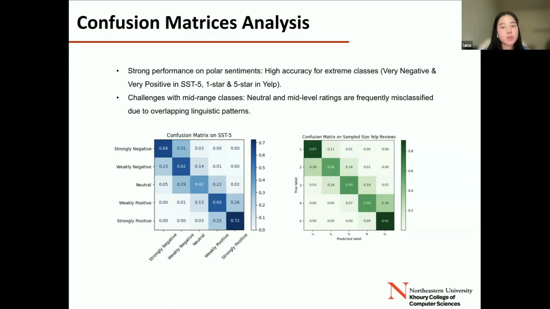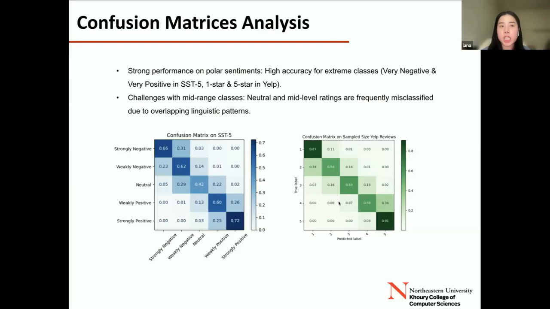And it definitely performed better on the Yelp Reviews compared to SSC5, probably due to the clearer language and the richer context that the dataset provides. However, the model struggles with the mid-range sentiment classes. In SSC5, neutral sentiment reached only 42%, with frequent misclassification into the adjacent classes.